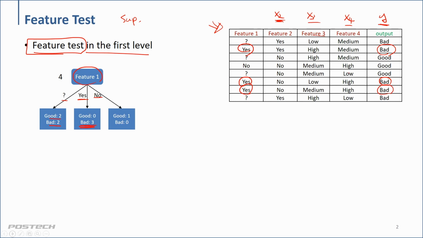So at least we can see for feature 1, if that's yes, all of them are bad. All of them are bad. So somehow related, we can guess. If it's no, right here, we have only 1, it's good.